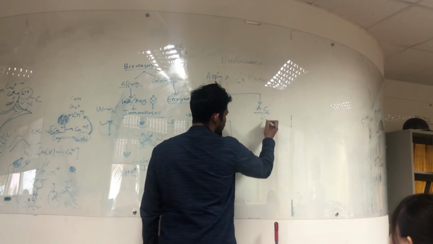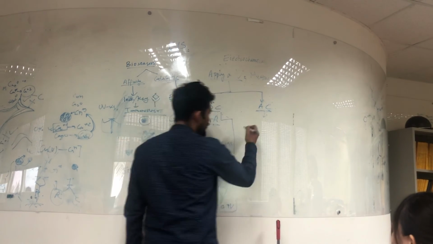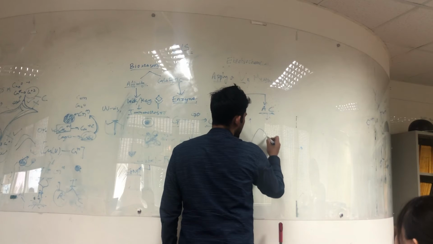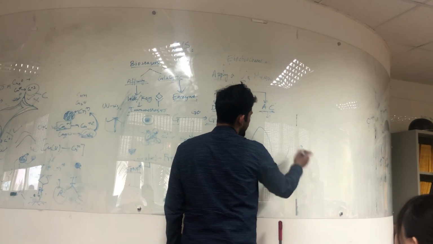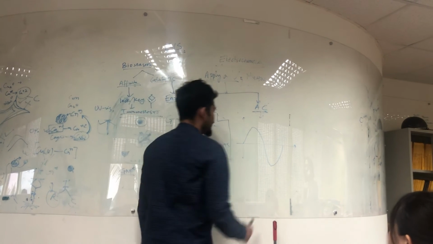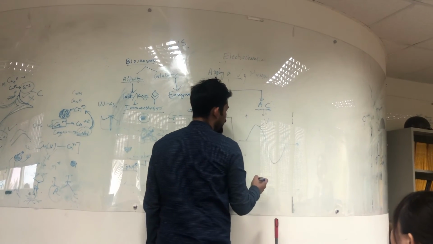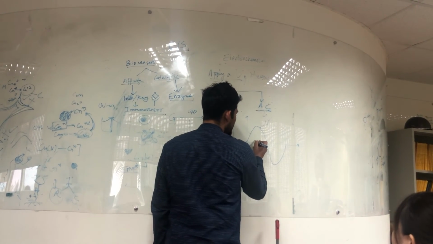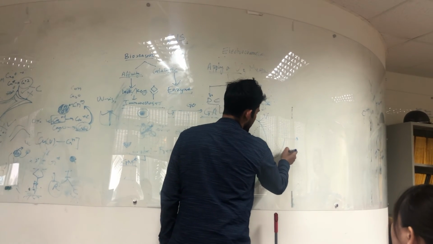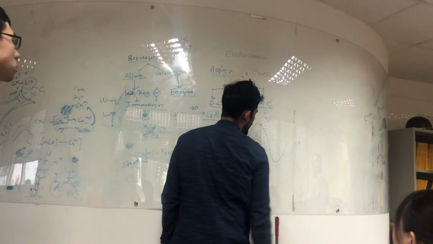What is AC? Okay, let's go this way. You apply an AC voltage. Everybody agree? Okay, this is the voltage. What about the current? The current will look something like this. What is changing?